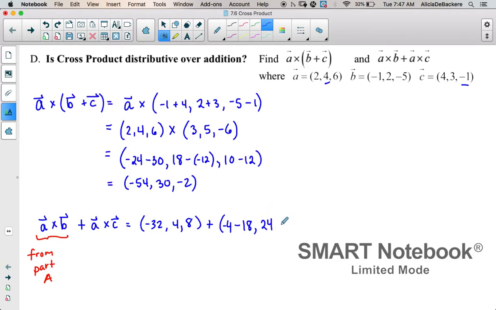And then for the middle one, I'll get 24 plus 2. That's the third times the first, and then the first times the third, and subtracting those 2 answers. And then for the last one, I'm going to do the first component times the second, minus the second times the first. All right, so we're going to figure out what that is.